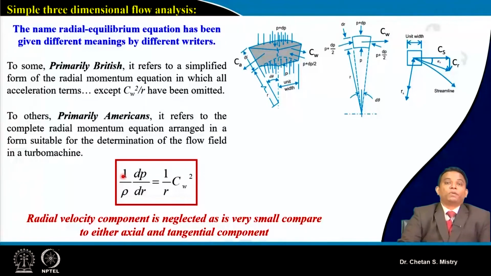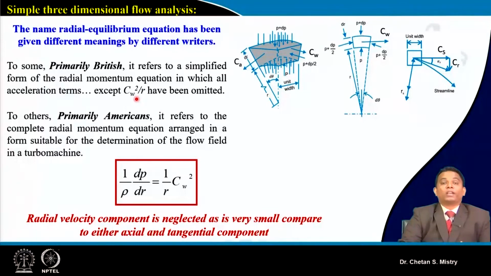and it has different meanings. As I told, on both sides of the Pacific, people have somewhat different thought processes in designing axial flow compressors. For the British, it refers to a simplified form of the radial momentum equation in which all the acceleration terms except this Cw square by r have been omitted.